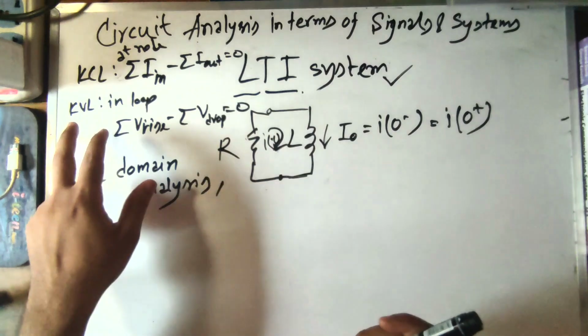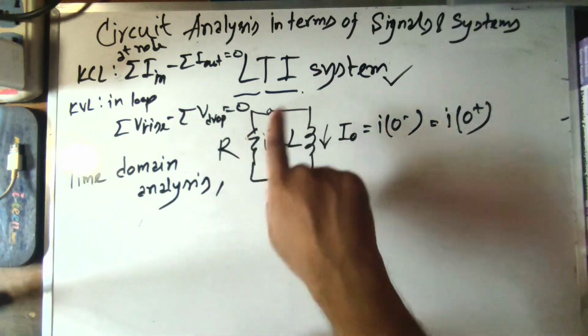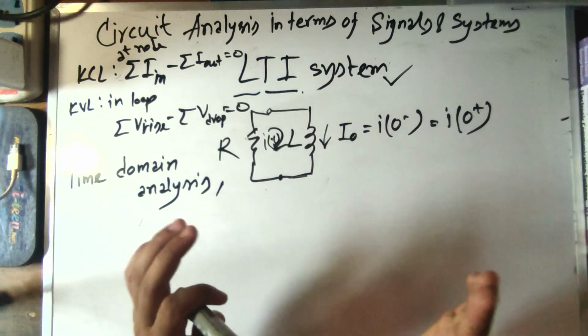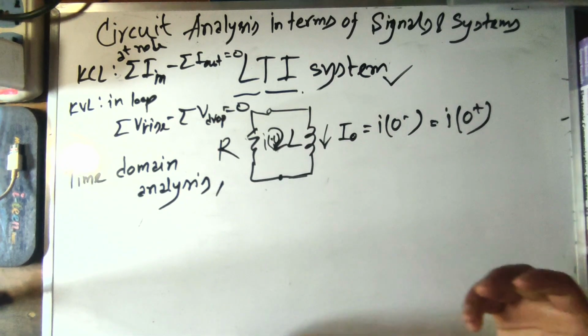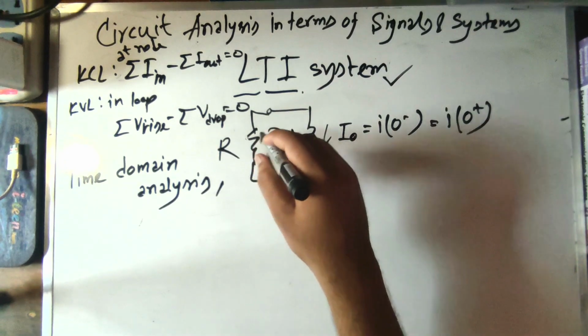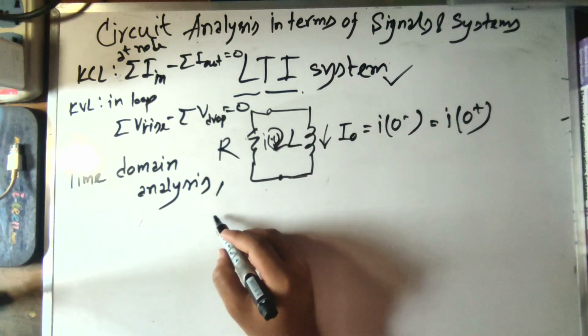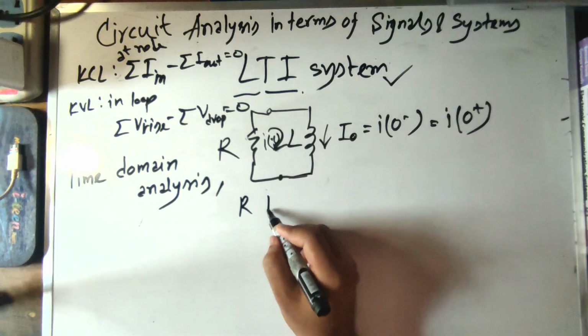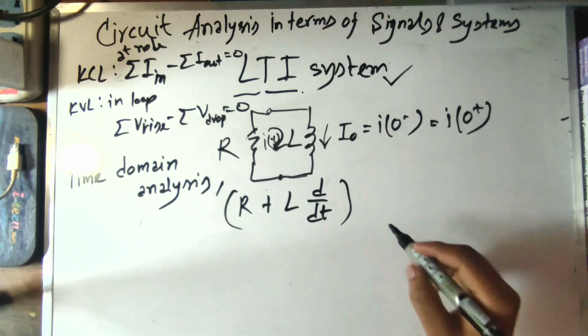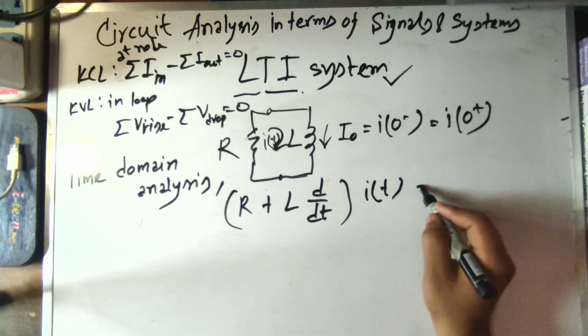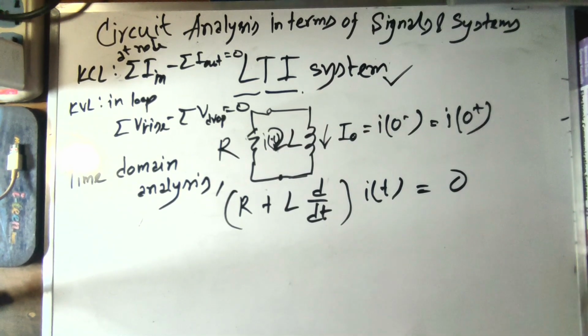KVL, Kirchhoff's voltage law, in a loop. This forms a loop, an RL circuit with no input or excitation. So what will be the equation? For this current, (R plus L d/dt) i, with no excitation, equals 0.